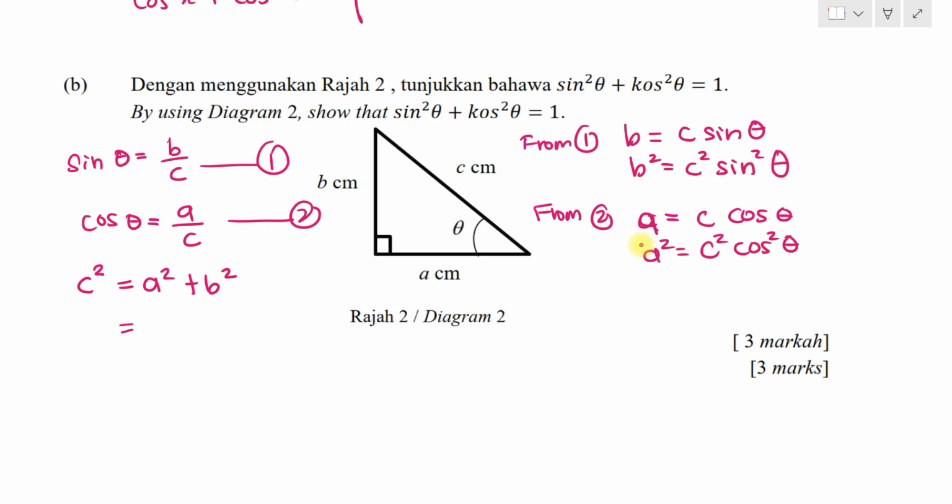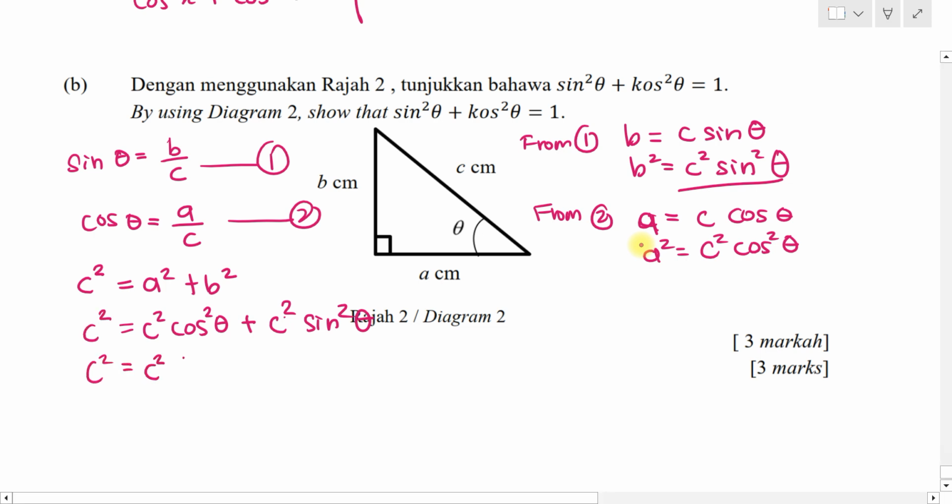Let's substitute. A square is C square cos square theta plus B square. B square here is C square sin square theta, equals C square. So we factorize C square, and it becomes cos square theta plus sin square theta.